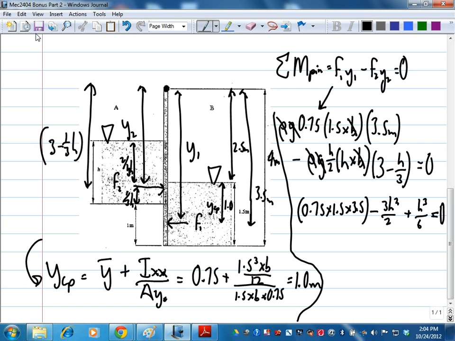Yes, here, 1 meter depth plus 2.5. Yes, for moments you use YCP, where it acts, but for calculating the magnitude, you use the YC. Okay? You happy with that?